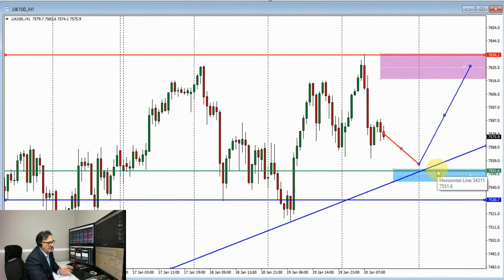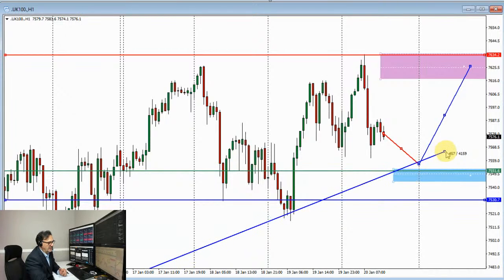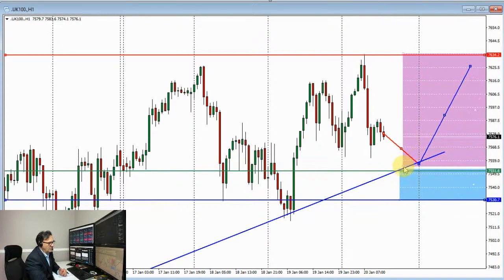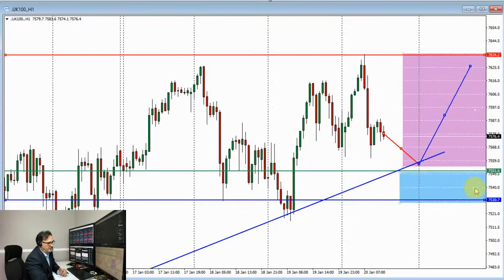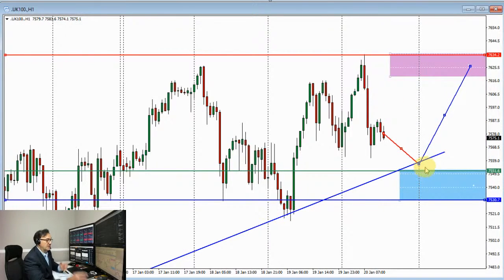If I decide to get in, I would likely put my stop loss at 75.30, which is about 20 points of risk. And if I do get in this trade, so this would be the amount of risk, I would be looking for this amount of potential reward. So from the risk to reward ratio point of view, we have 1, 2, 3.5, so almost 3.5 to 1 risk to reward ratio, a disproportionate amount of potential gain for a definite amount of risk taken on this position.